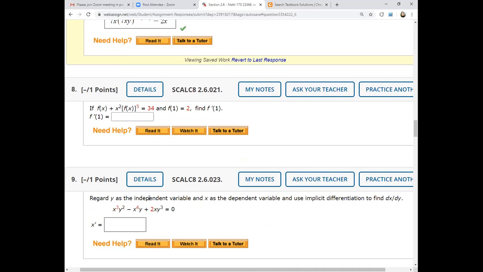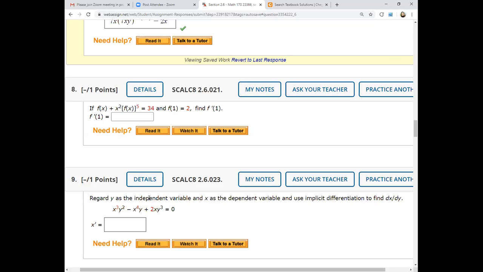They give you a function defined in terms of f of x. So if f of x plus x squared times f of x to the fifth power, and only the f of x is going to the fifth power, is equal to 34.